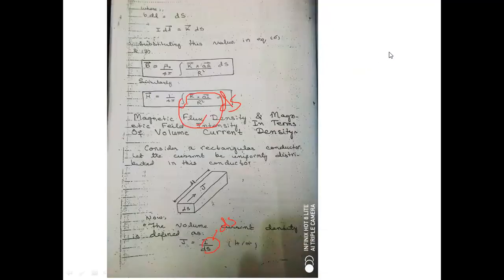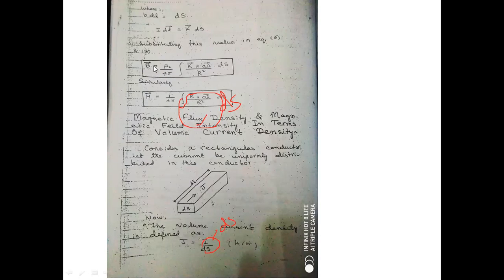Now substituting this value in equations 6 and 7, we will get B, the magnetic flux density for the complete surface. That is why we have applied the integration, to get the complete magnetic flux density for the whole surface. So B is equal to mu naught over 4 pi integral of K cross a_R over R squared ds.